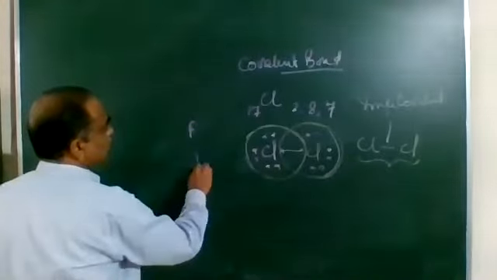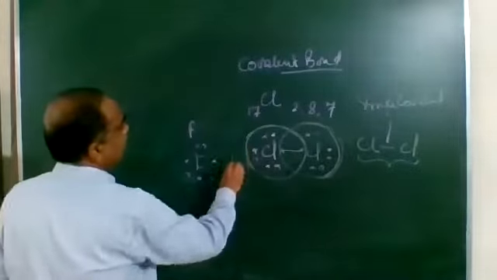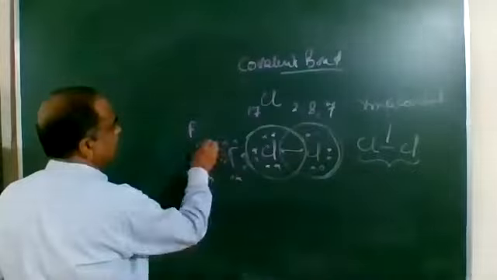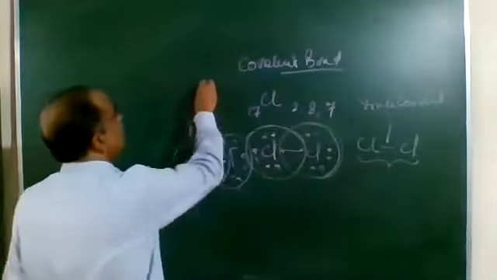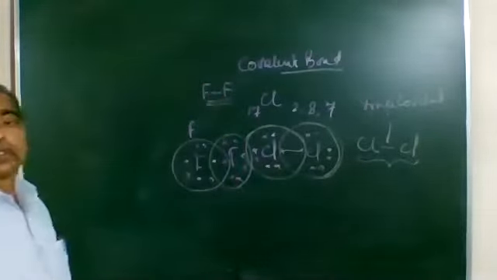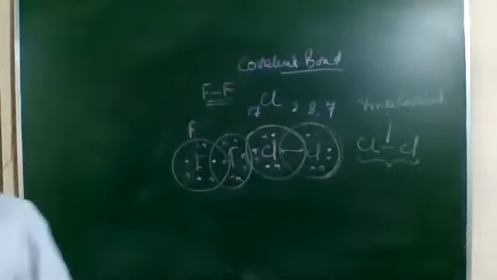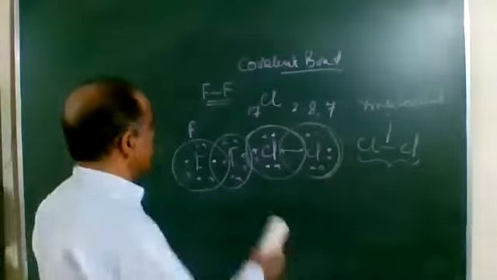Fluorine has 7 electrons in the outermost orbit, and the next fluorine also has 7 electrons. The sharing takes place between them, so a single covalent bond is formed. The force of attraction between atoms if electrons are shared to get the stable configuration is known as a covalent bond, and one shared pair forms a single covalent bond.